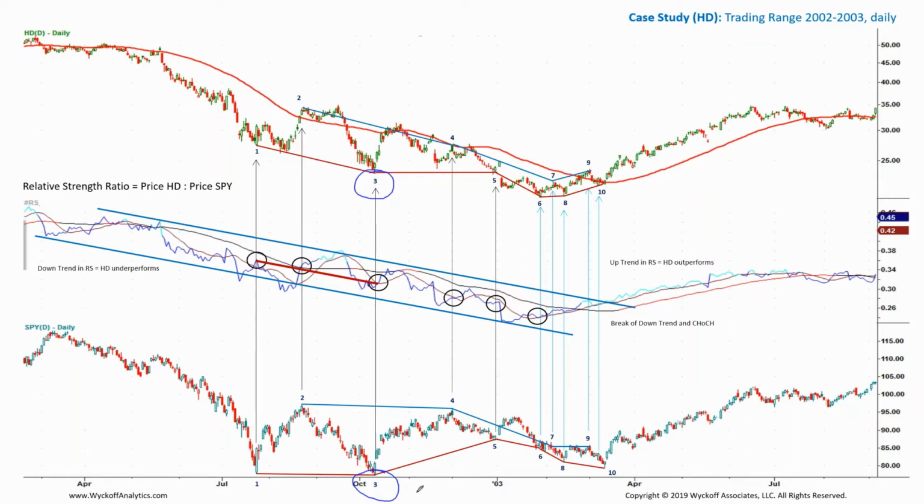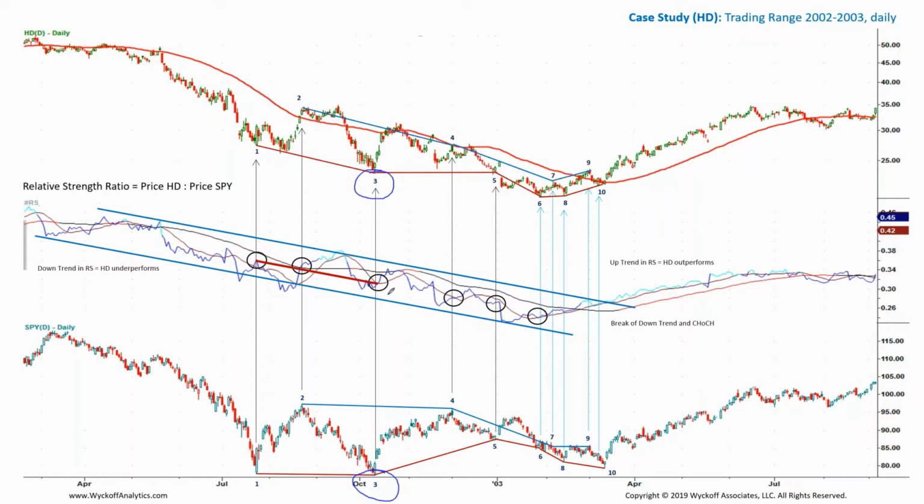Well, just for that little gap, based on the relative strength, the blue line, Home Depot is showing outperformance there since it's moving up, but Home Depot is still on a downtrend. So if I were looking at that relative strength chart, I'd probably still stay away from Home Depot and own SPY.